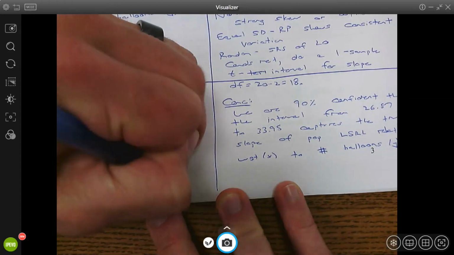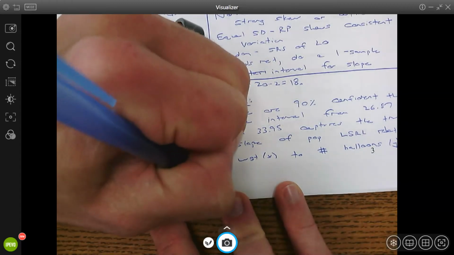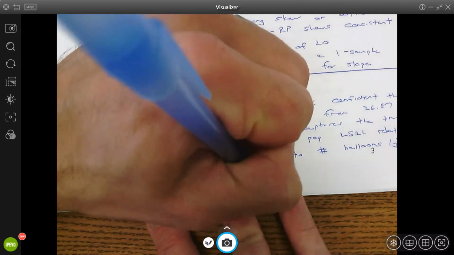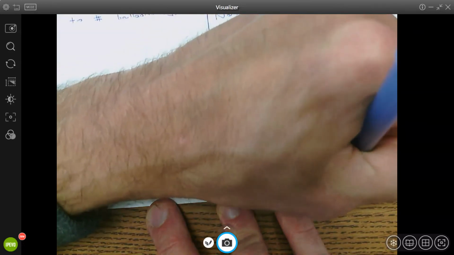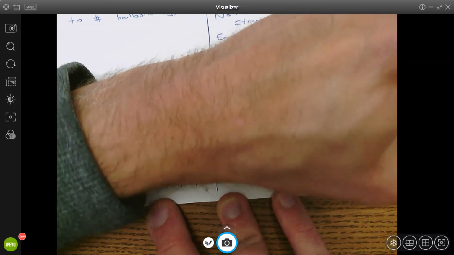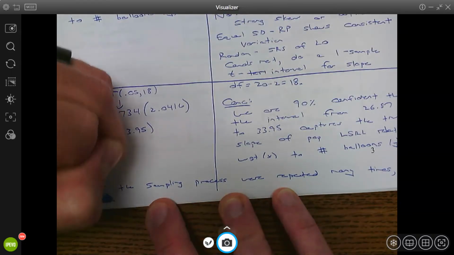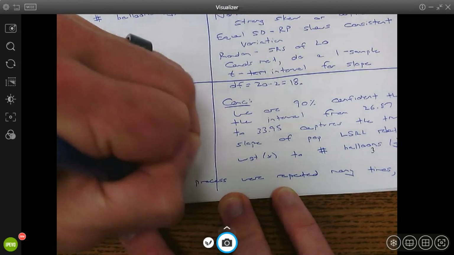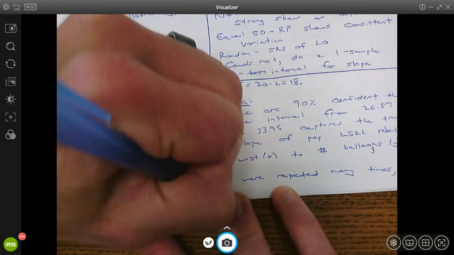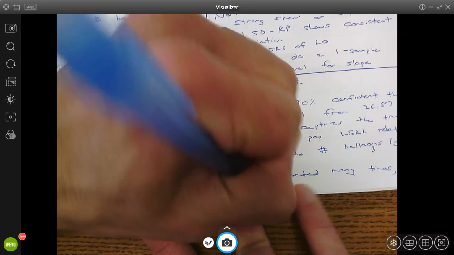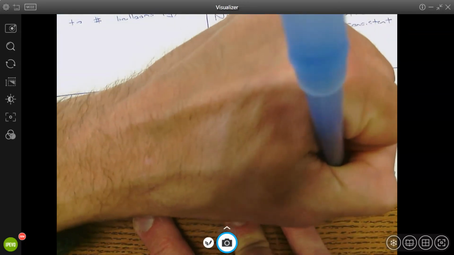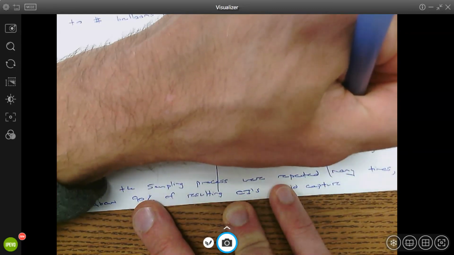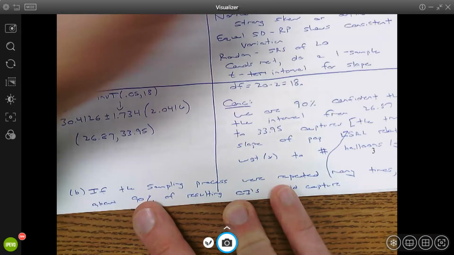If the sampling process were repeated many times, about 90% of the resulting confidence intervals would capture. And then it's going to be the same exact context here. I'm just running out of space.